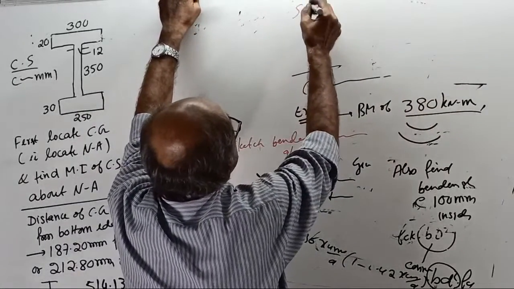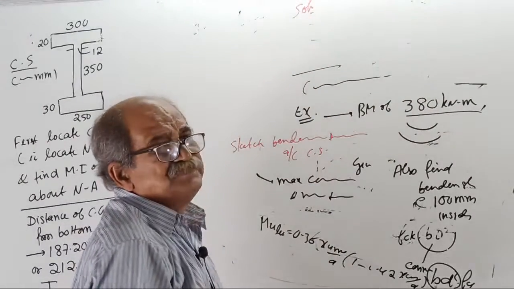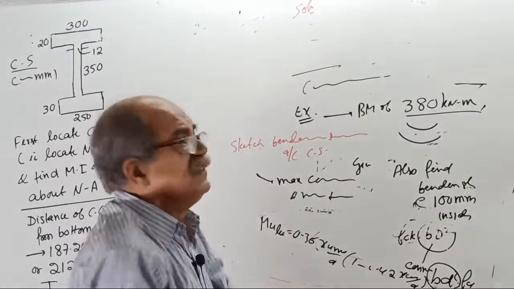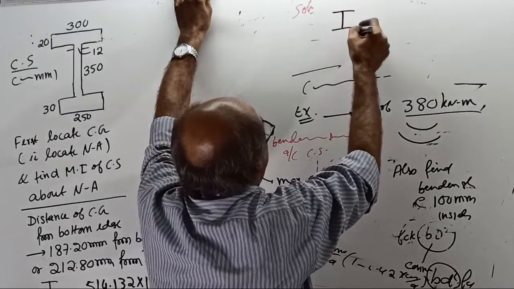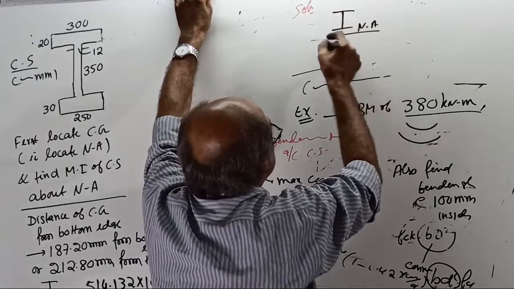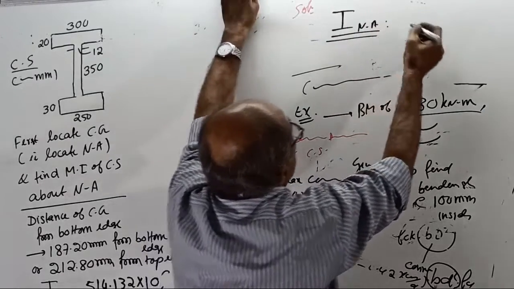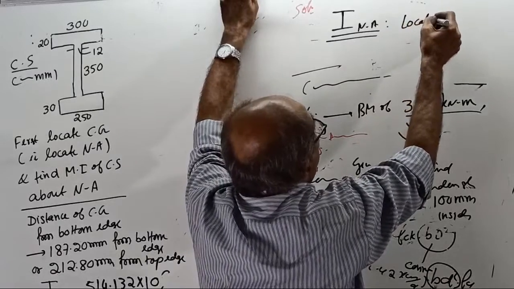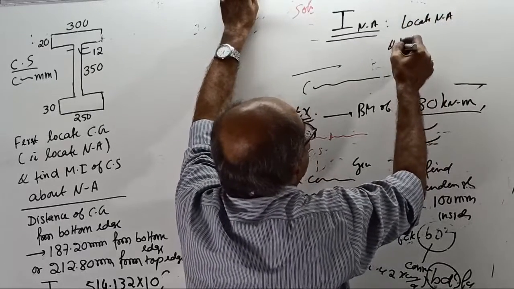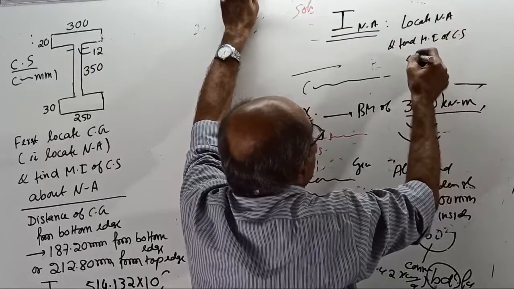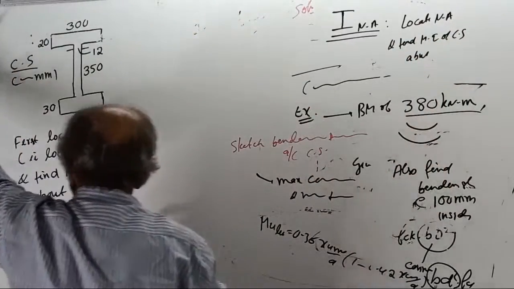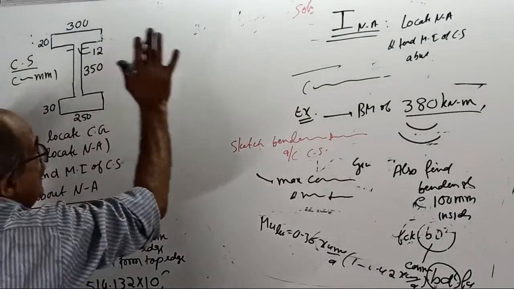Now, what you have to do is, first do one thing. Solution. Irrespective of where they want the bending stress, we always need the moment of inertia I about the neutral axis. So first you locate the neutral axis and find the moment of inertia of the cross section about the neutral axis. I wrote it here. See, this is a cross section. Write the sketch.